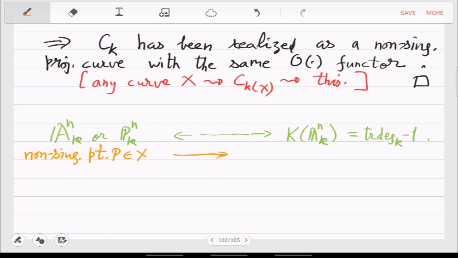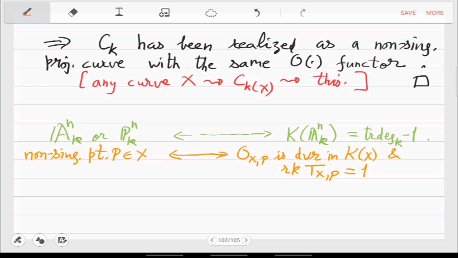So this O_{X,P} is a DVR in the corresponding function field, and also the rank of the tangent space is 1, right, and you can go back also.